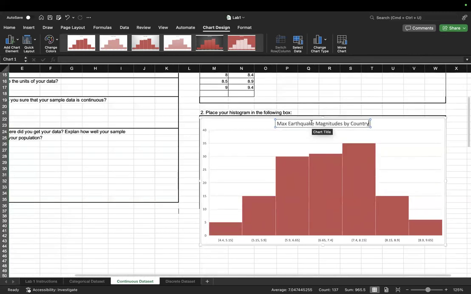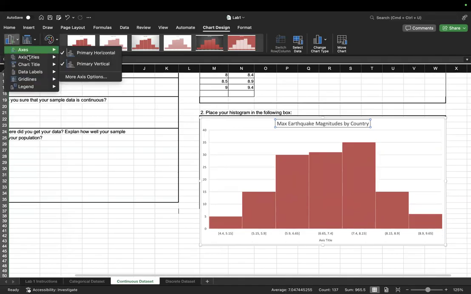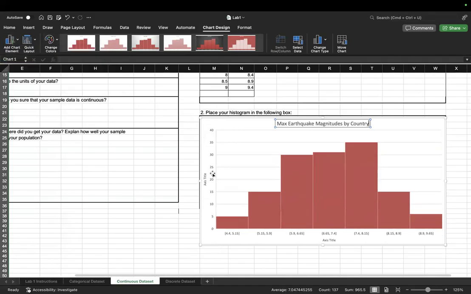Okay, a couple of things that we're going to do. You go over here to add chart element. We want axis titles. I need a horizontal. I need a vertical. We need both of these titles. My horizontal title is going to be magnitude.